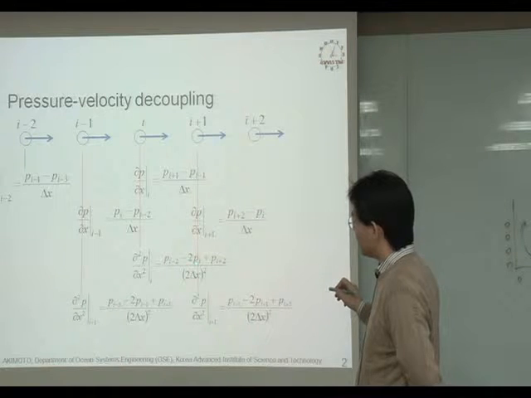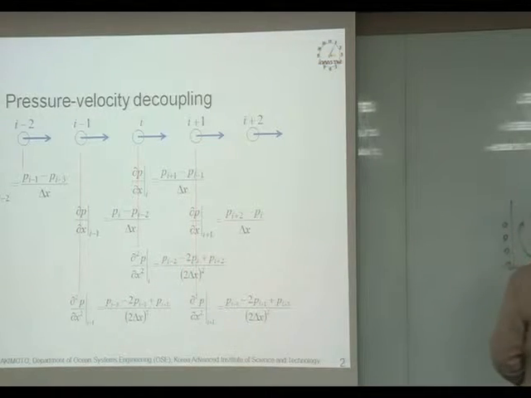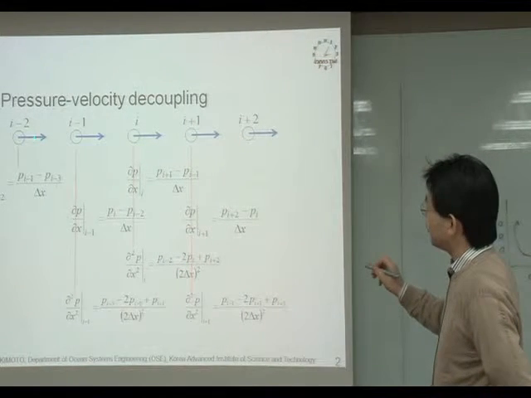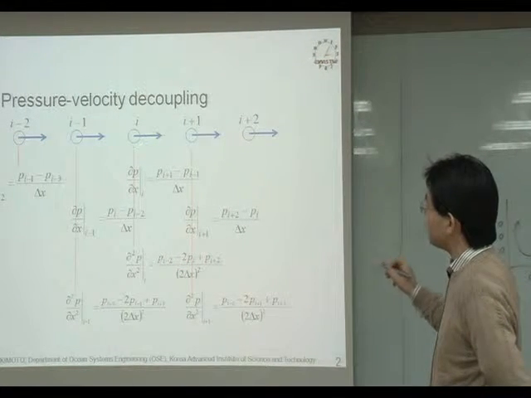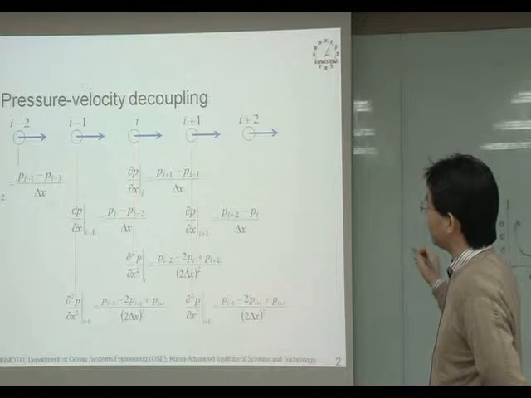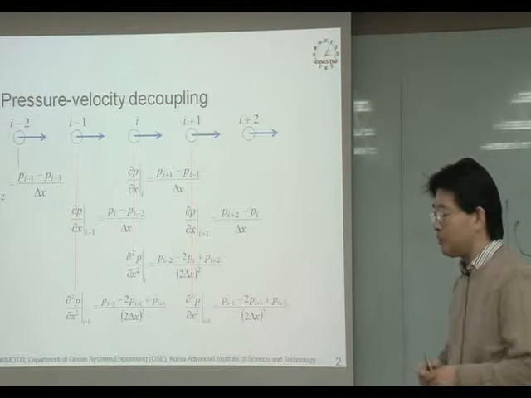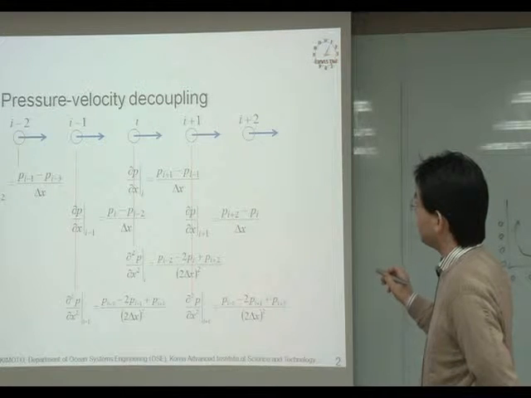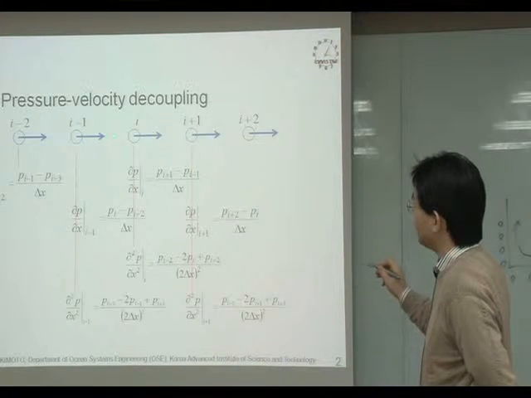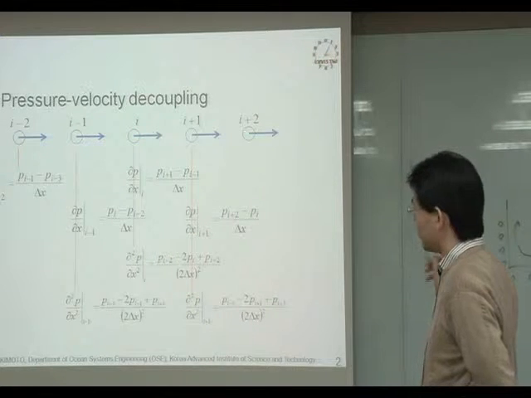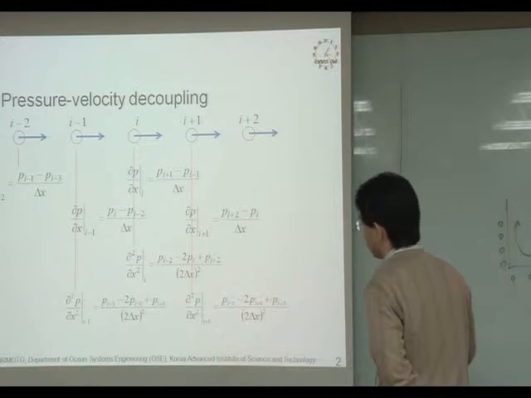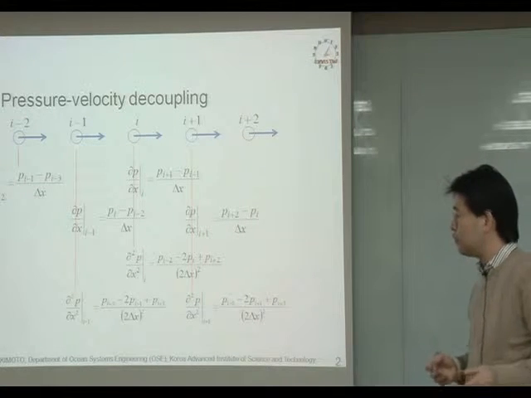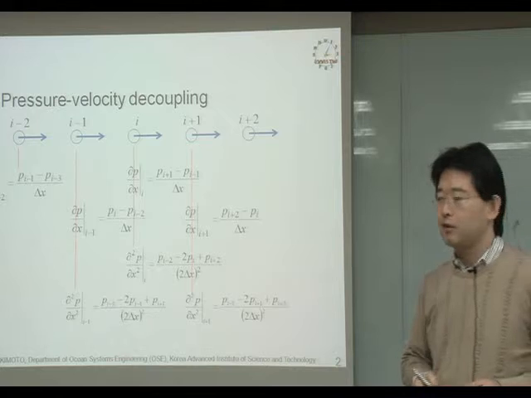So this stencil is only using 3 points, this one, and this one. Although the spacing of the mesh is delta x, in this case it uses 2 delta x spacing.